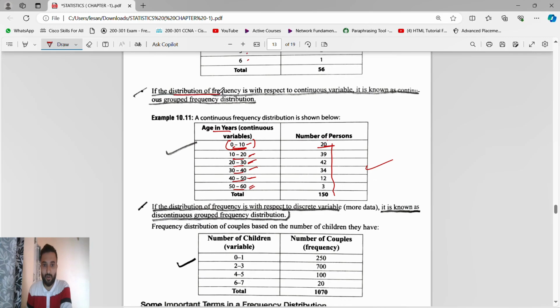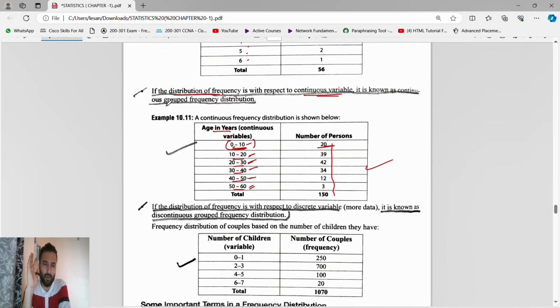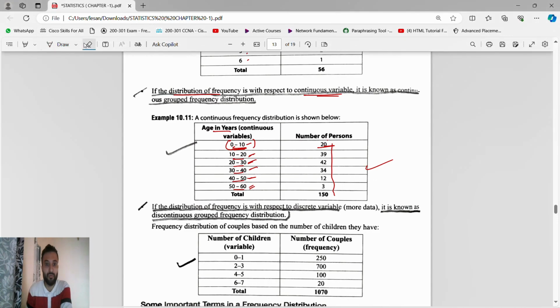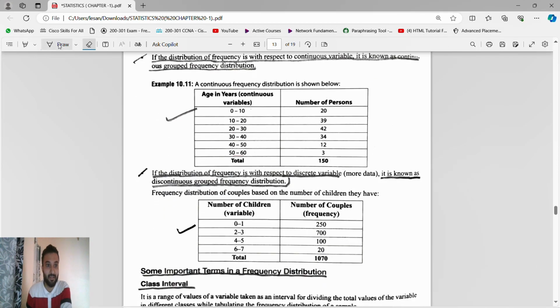If the distribution of frequency is with respect to a continuous variable... Ungrouped means only observations will be there. But when we come to grouped, we have two types of grouped frequency distribution. What are the two types?